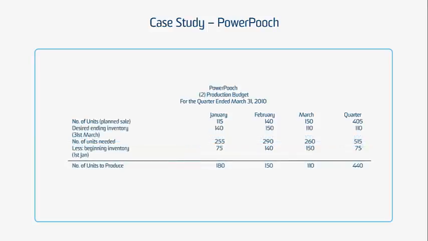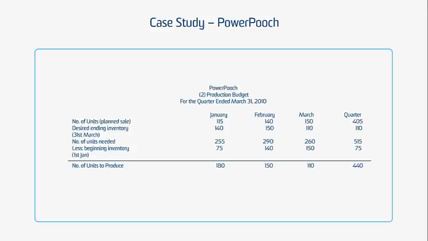In the production budget, we start off with that first line from the sales budget, what we want to sell. We now need to know the desired ending inventory for the period. The question says that the closing inventory at the end of each month should be equal to the budgeted sales amount for the next month.